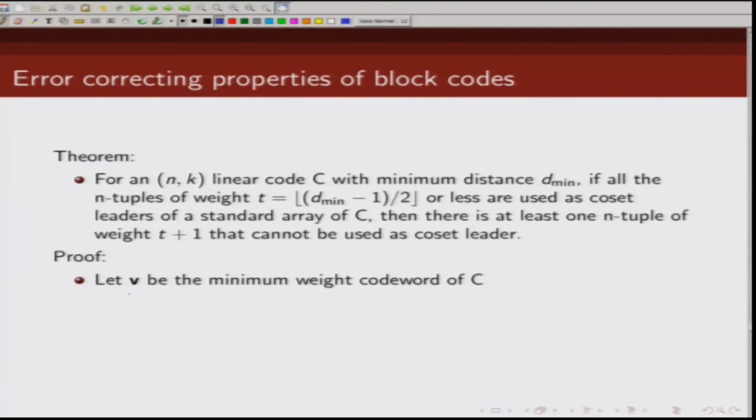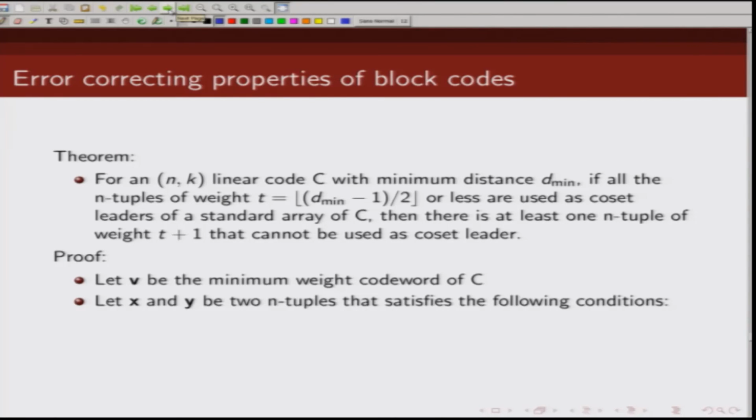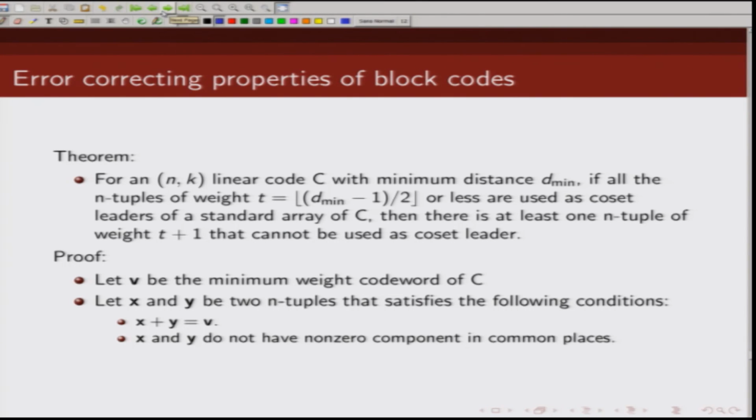Let us assume V is the minimum weight code word of C, and we have two n-tuples x and y which satisfy the following conditions. First, x plus y is equal to V, and x and y do not have any component in common, so they do not have ones in the same position.